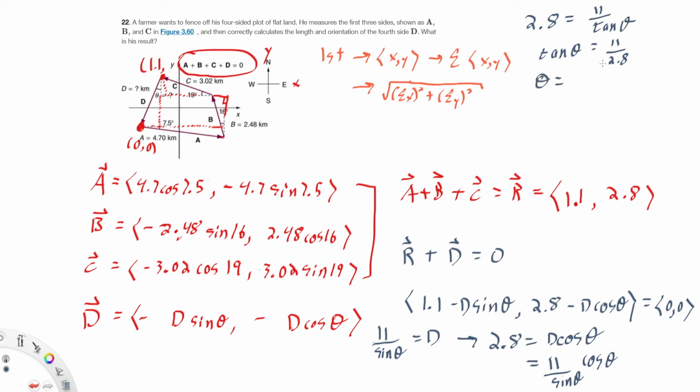And theta is equal to arctan of 1.1 over 2.8. Not 11, 1.1. A victim of my own handwriting.